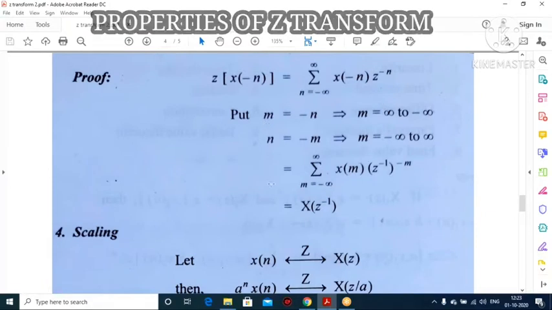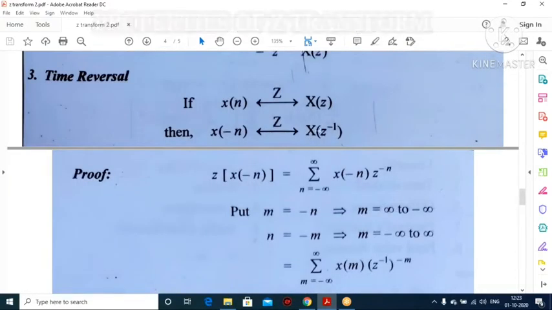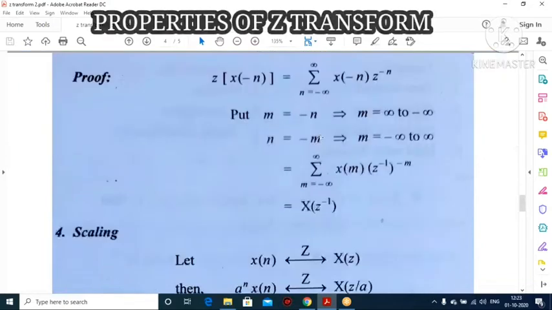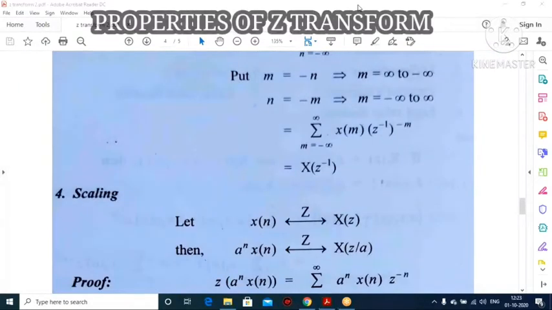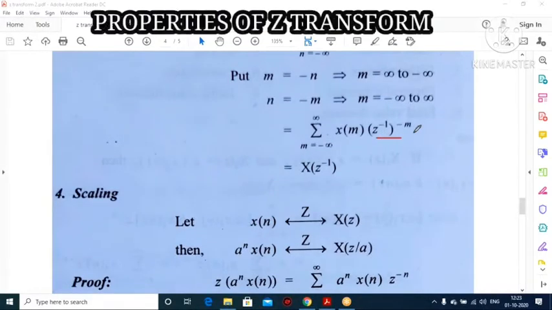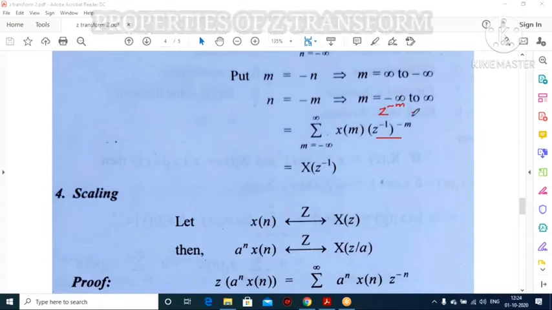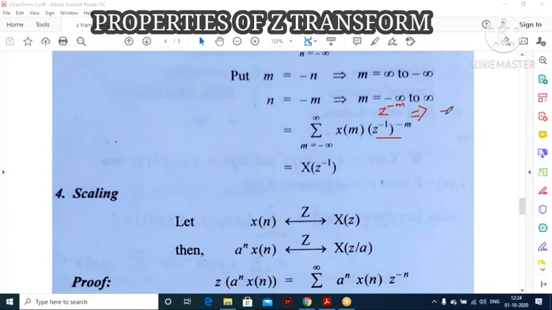But according to our definition, you want to prove X of z inverse only. So for that, I modify this step. Actually, in this place you have z power m only, but I just modify this term as z power minus 1, whole power minus m.